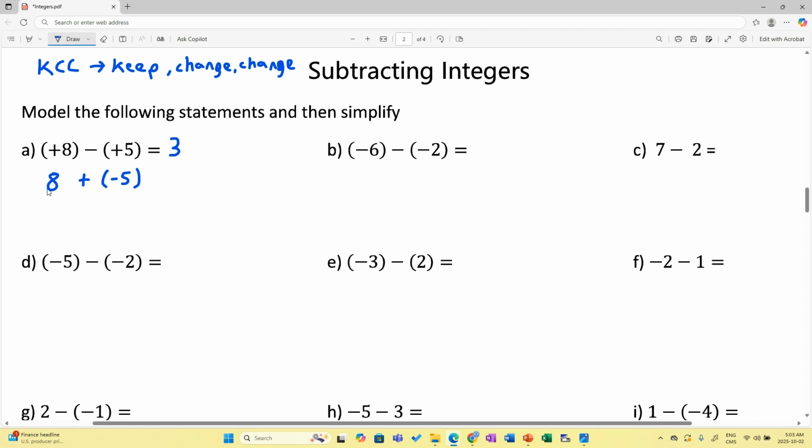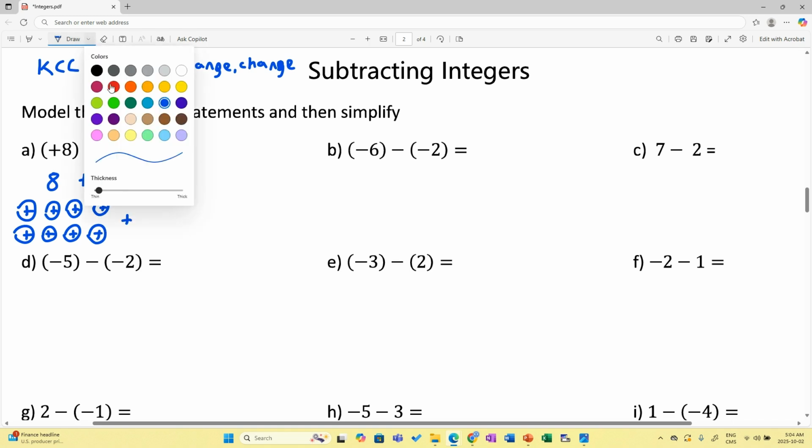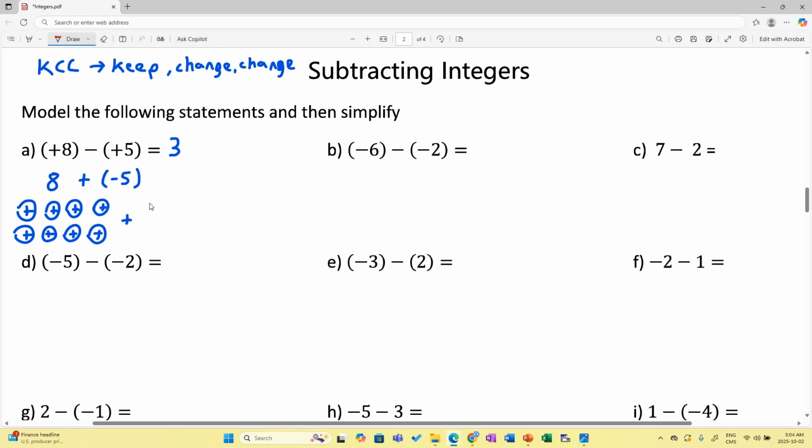Now in this case, you guys probably already seen this one here, but if I were to add positive 8, I would draw 8 positive circles. And then I would simply add it to 5 negative circles.